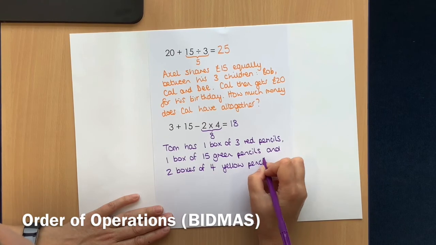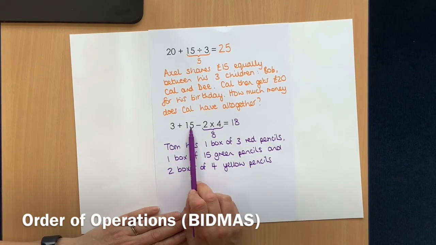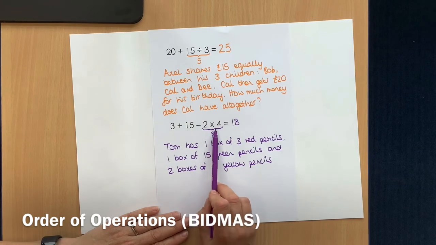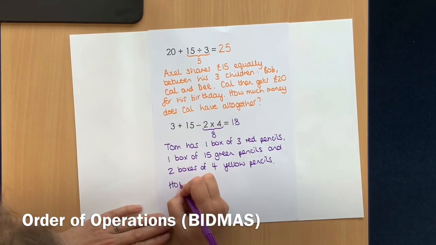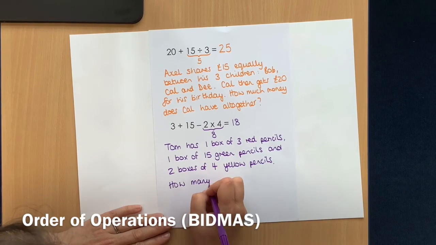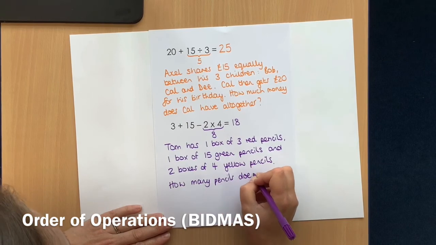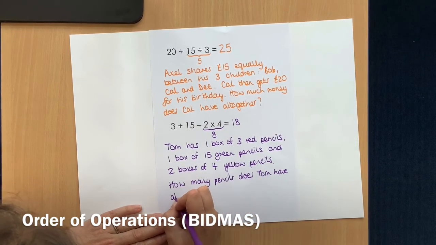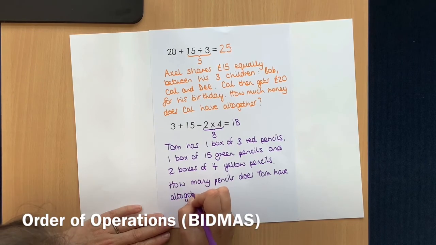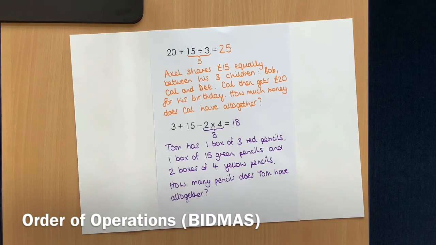So you can see there, this one, 1 box of 3, well that's just 3. 1 box of 15 is just 15. 2 boxes of 4 has to do that first because I'm then going to ask how many pencils does Tom have? And then that all-important word altogether. And a question mark, of course, to show that it's a question.